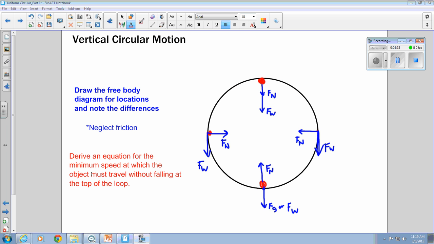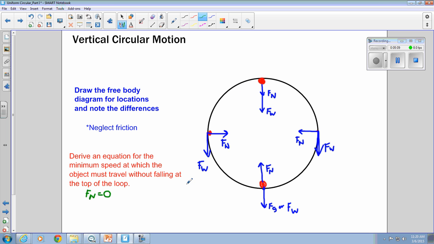If we're asked to derive an equation for that minimum speed at which the object must travel without falling at the top of the loop, we start out with the understanding that that's going to happen when force normal equals 0. That's going to give you the minimum speed for the object to travel.